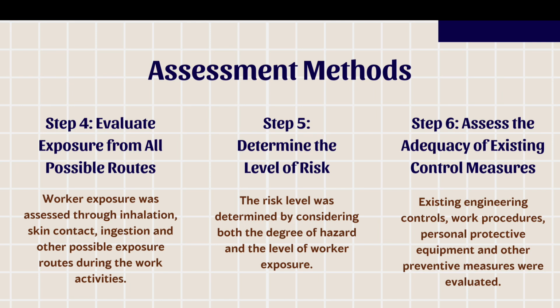This included examining the engineering controls, work procedures, personal protective equipment, and other preventive measures provided in the laboratory. The purpose was to determine whether these controls were suitable, properly used, and sufficient to protect exposed personnel. My teammate will continue with the remaining assessment steps.